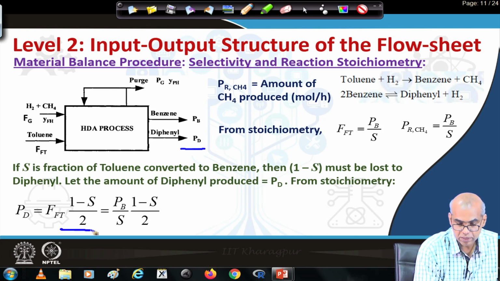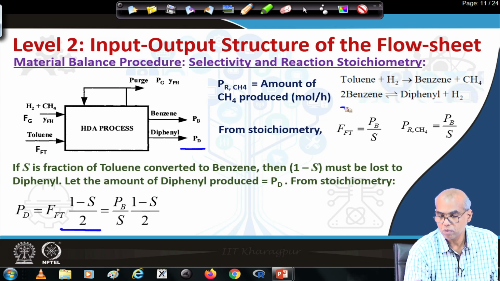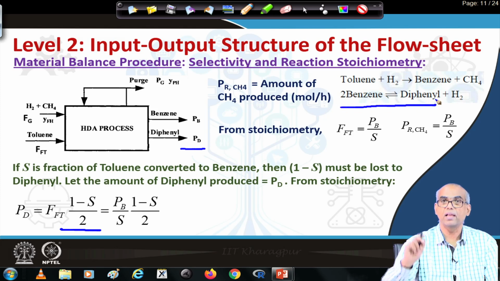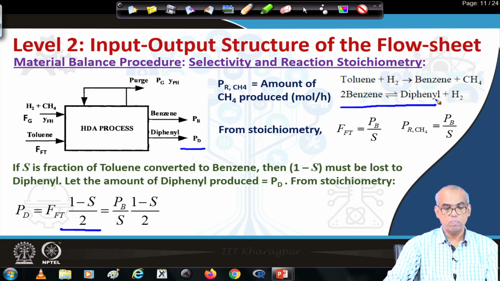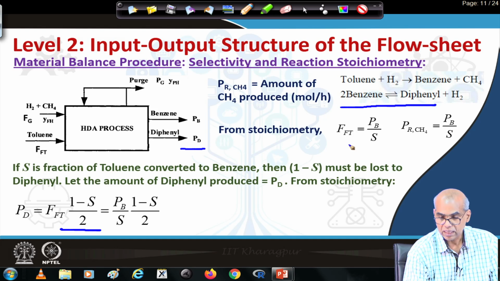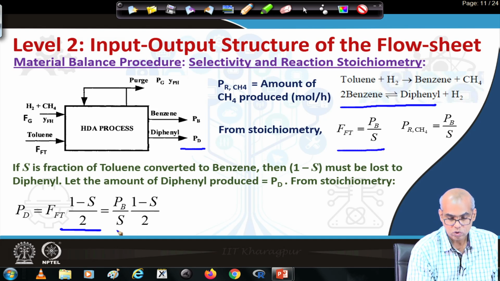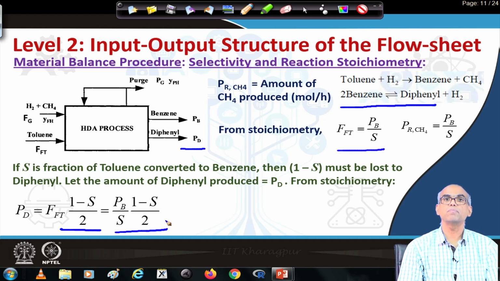Why (1 minus S) by 2? Because 2 moles of benzene gives 1 mole of diphenyl. So, Pd equals FFT into (1 minus S) by 2, and we have already seen that FFT equals Pb by S. So, I get Pb by S into (1 minus S) by 2.